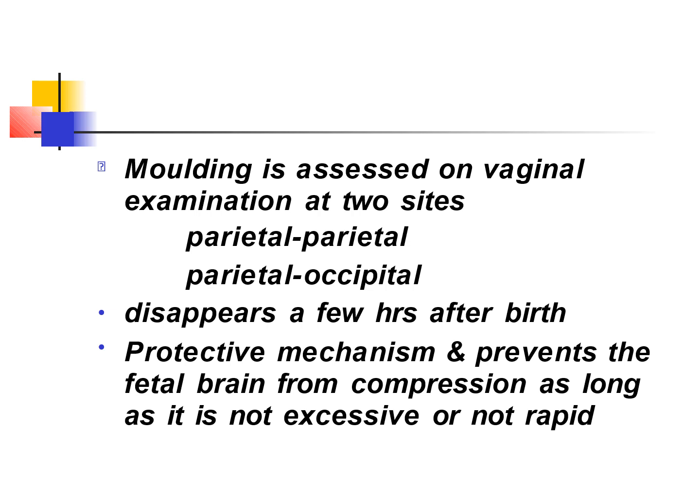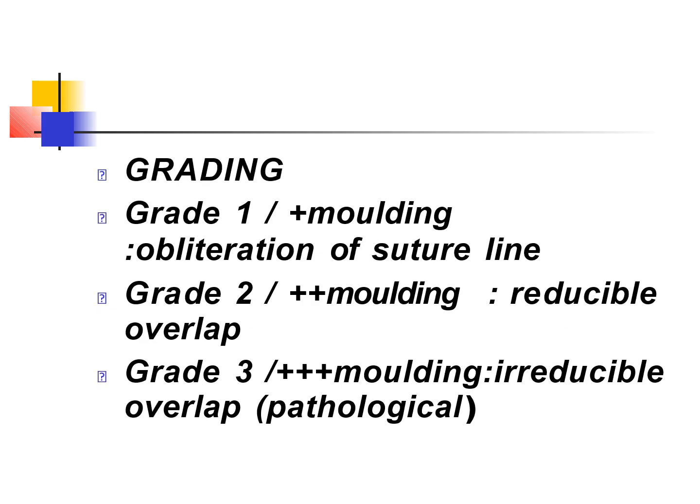And this molding occurs gradually and slowly. It is not a rapid process. So it prevents the brain from getting compressed when it is passing through the pelvis. And the grading of the molding: grade 1 means just obliteration of the suture lines, that is, the bones just meet together very closely. Grade 2 is represented by 2 plus, while grade 1 has only 1 plus.